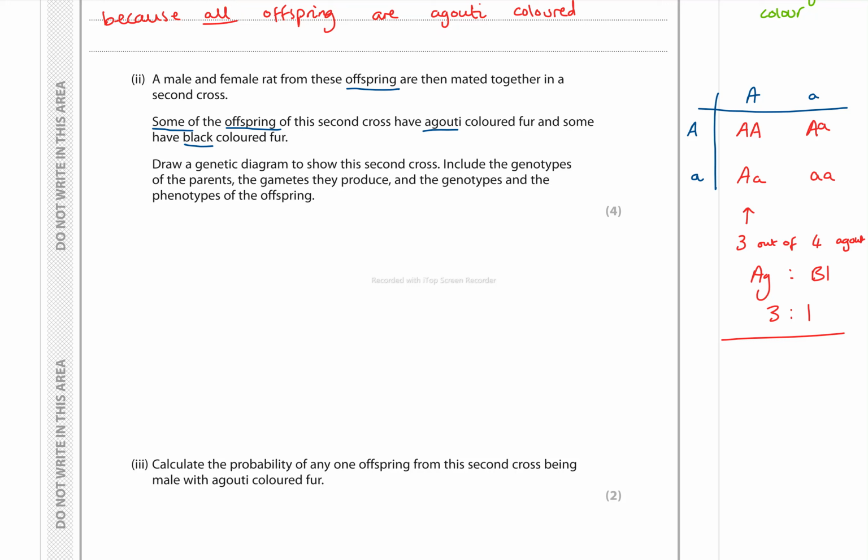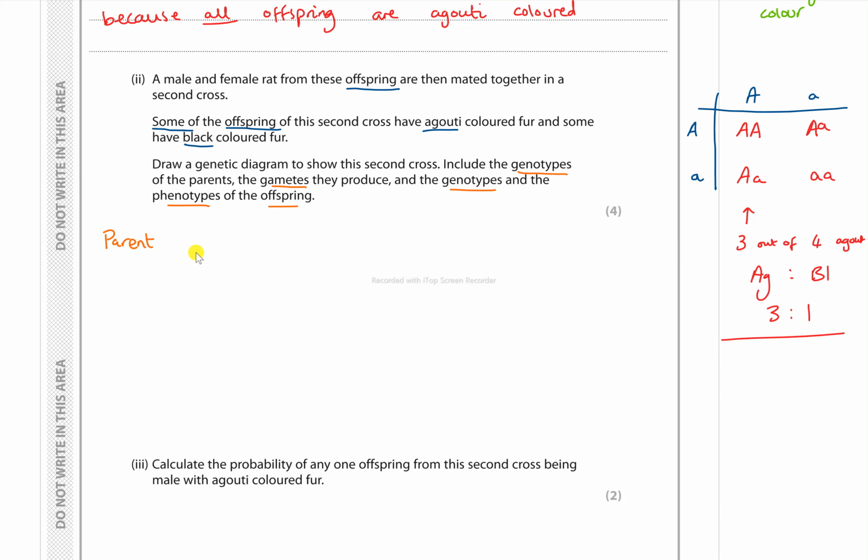You can do it this way as well. What you can do is, where are we? So they want a genetic diagram to show the second cross, include the genotype, the gametes, and the genotype and phenotype of the offspring. So we want parents, yeah.